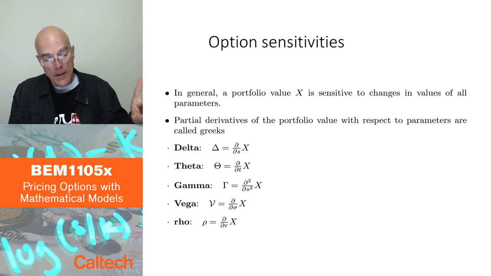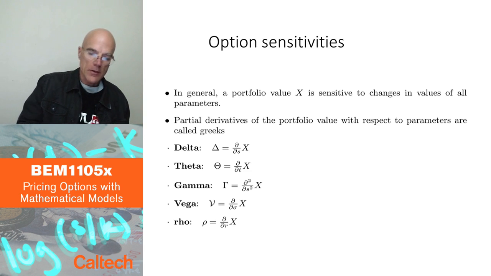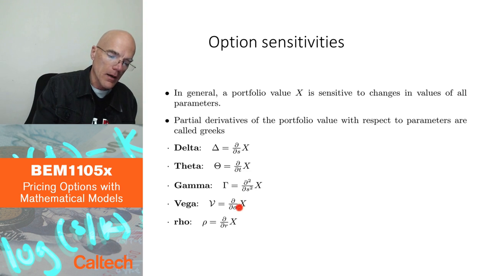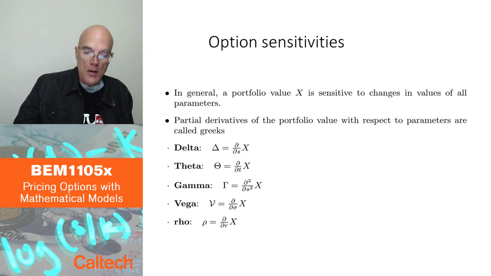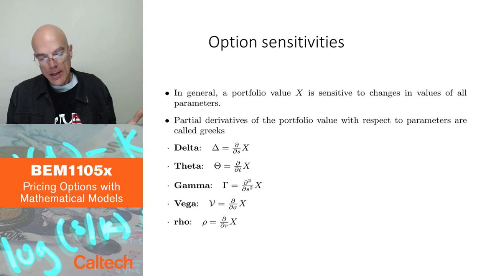Oh, by the way, strictly speaking, in the Black-Scholes model, it doesn't really make sense to talk about changes in sigma and changes in interest rate, because those parameters are supposed to be constant. But nevertheless, in reality, they are not constant.